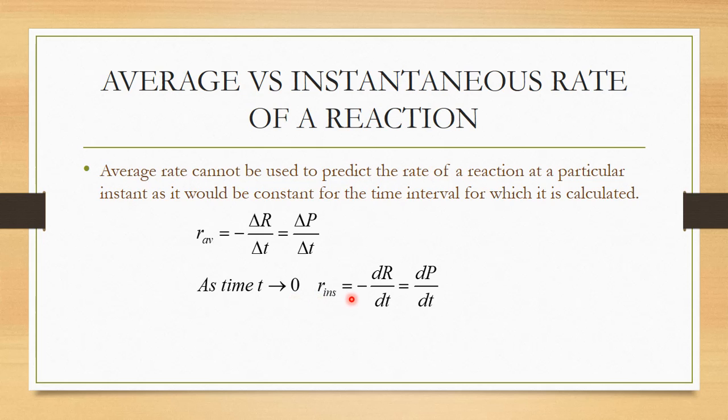So instantaneous rate will be minus dR by dt, or this is equal to dP by dt. These negative and positive signs have no physical significance. They just tell us that the concentration of R is decreasing while that of P is increasing.